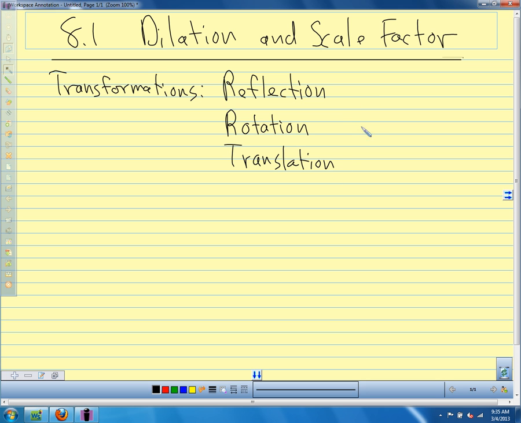So we talked about these three transformations. Reflections, like a mirror; rotation, just like it sounds; and translation just means we're moving things around. And we gave these three transformations a special name. We called them the rigid transformations.